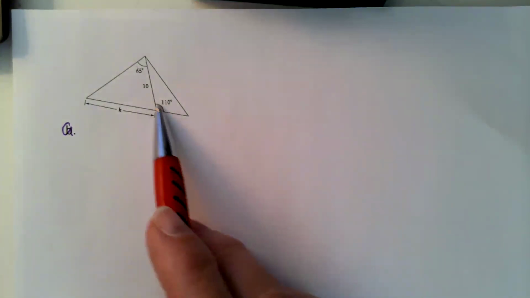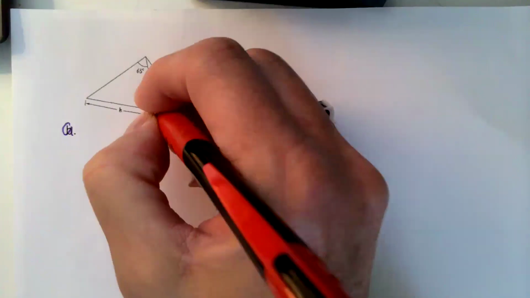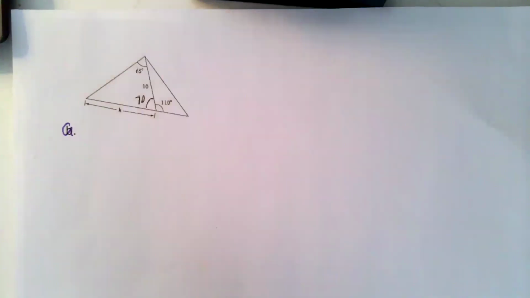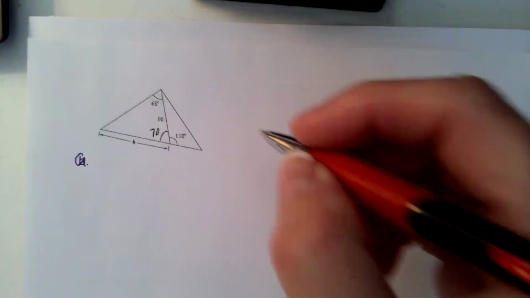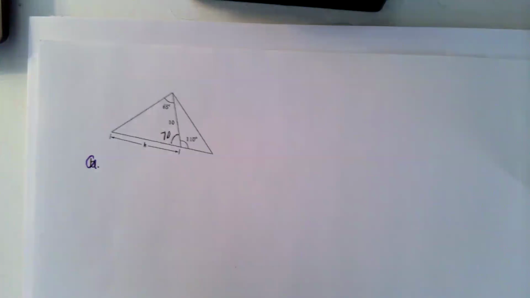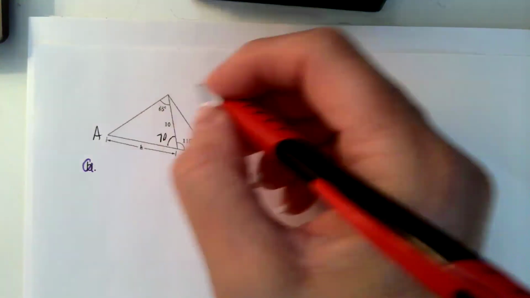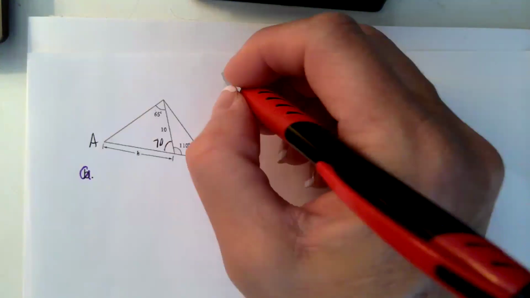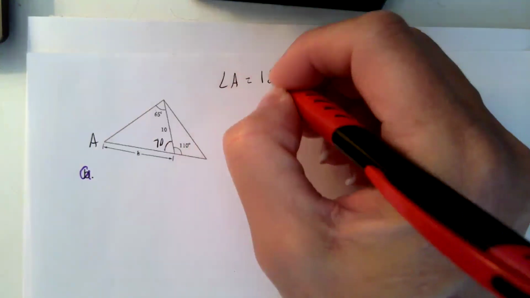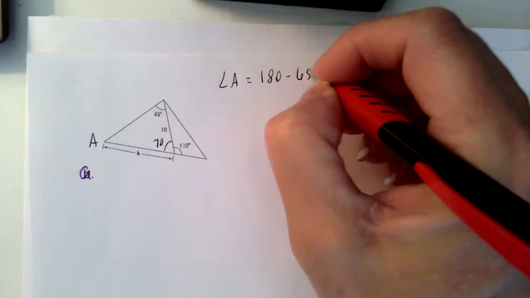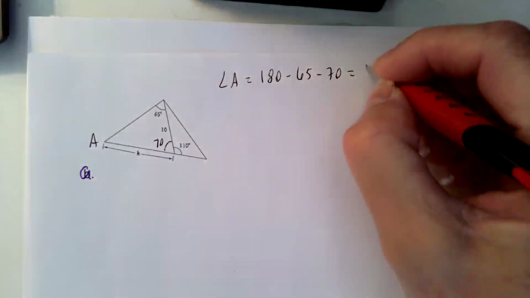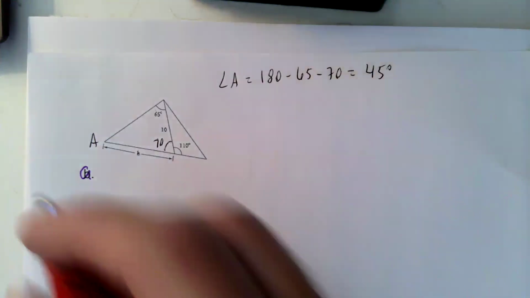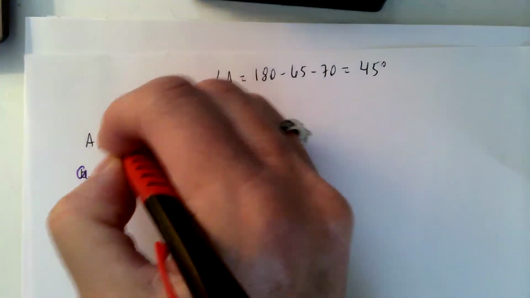Because these are supplementary, we do know this angle will be 70. Let's call this angle A. Then angle A will be 180 minus 65 minus 70, or 45. Now we know this is 45.